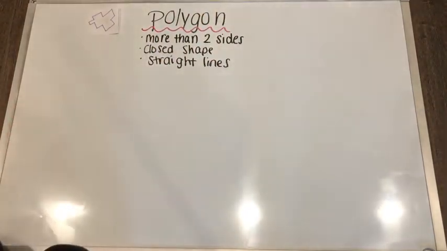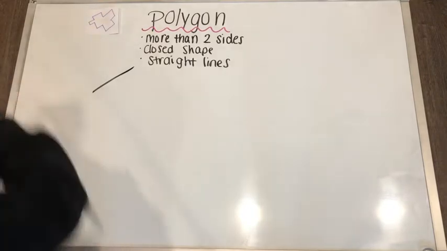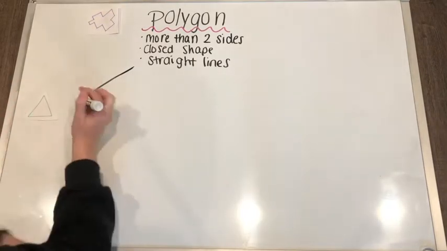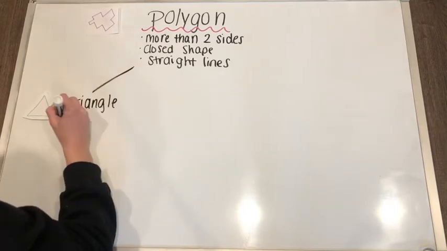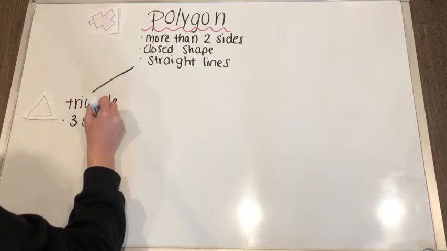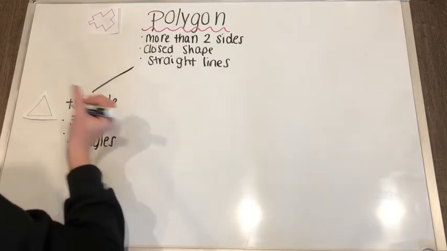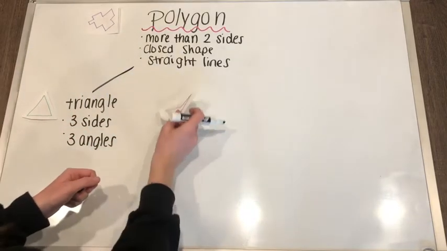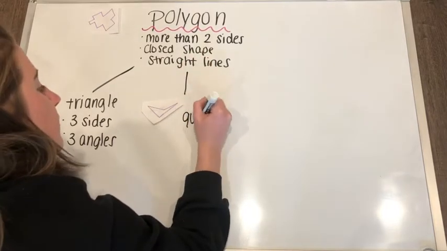Okay, so we're going to have a couple different polygons that we talk about today. First one is a three-sided shape, which is called a triangle, which is 3 sides and 3 angles. Then we have something that is 4-sided. So 4-sided is a quadrilateral.